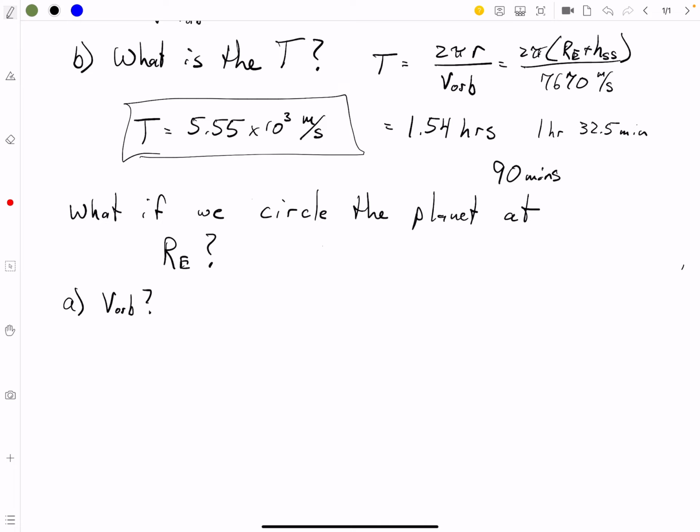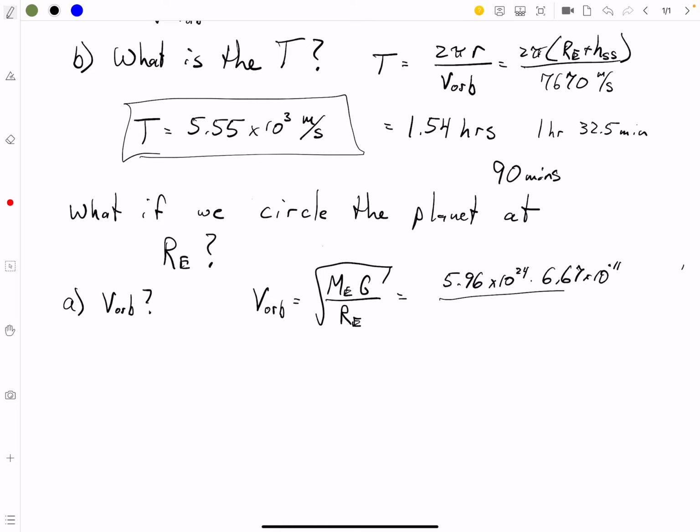V orb equals the square root of the mass of the Earth times gravity divided by the radius of the Earth. This is a pretty simple one. We don't have to add or subtract anything, so I'll actually do all the numbers for you. 5.96 times 10 to the 24 times 6.67 times 10 to the minus 11, and we're going to divide that by 6.36 times 10 to the 6 meters, and we're going to take the square root.